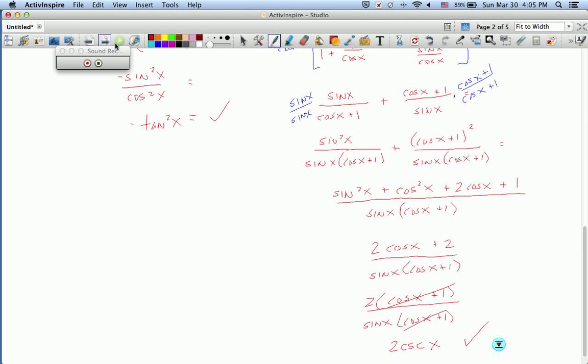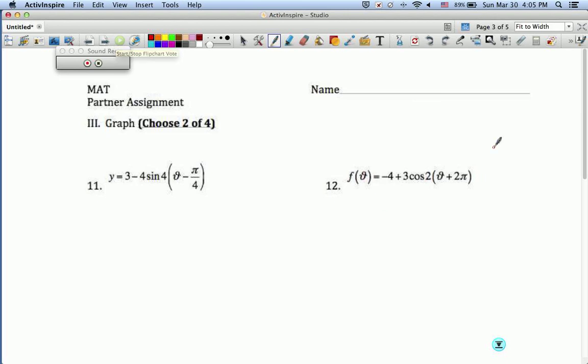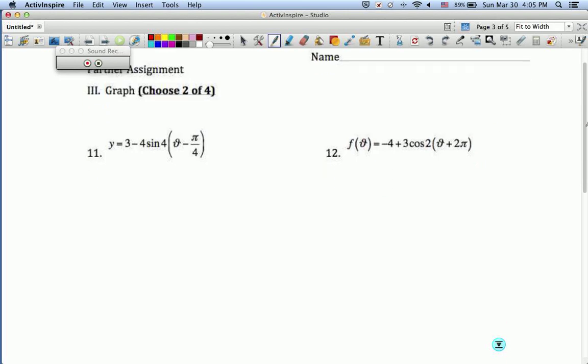Let's look at page 3 here now, some graphing problems. So we got a negative sine graph, so I'm going to do this one using my sinusoidals. In other words, I'm going to move my axes instead of moving my graph. So there's my sinusoidal. A negative sine graph looks like this.